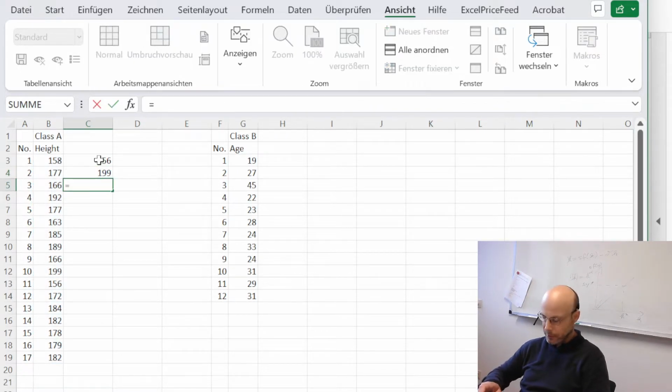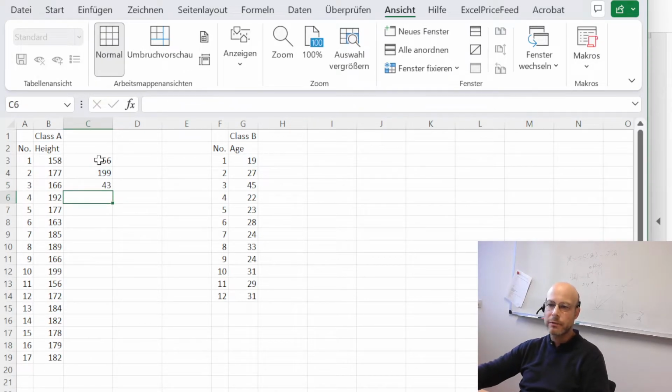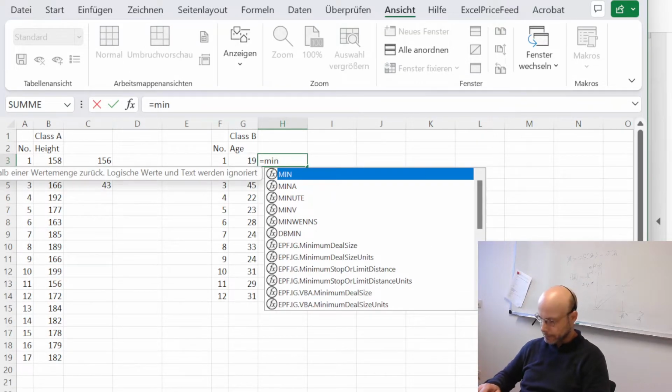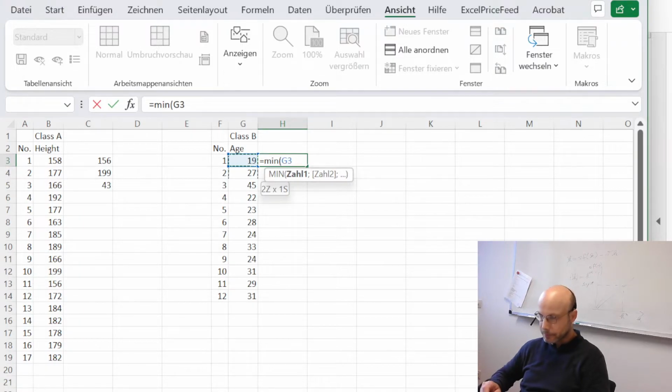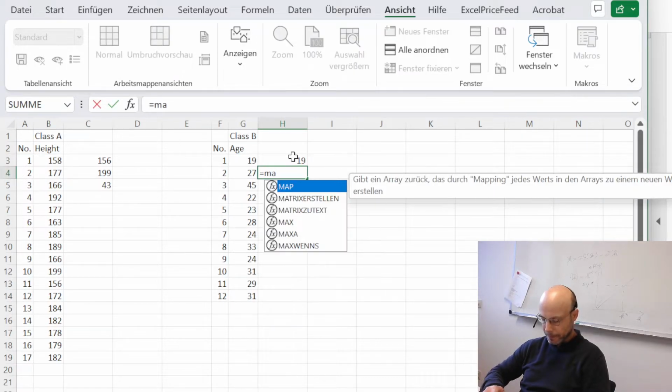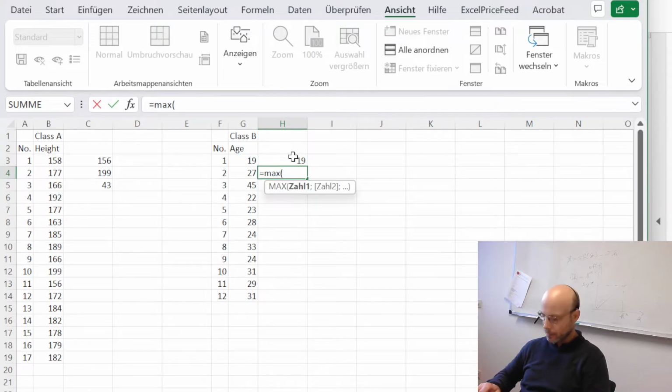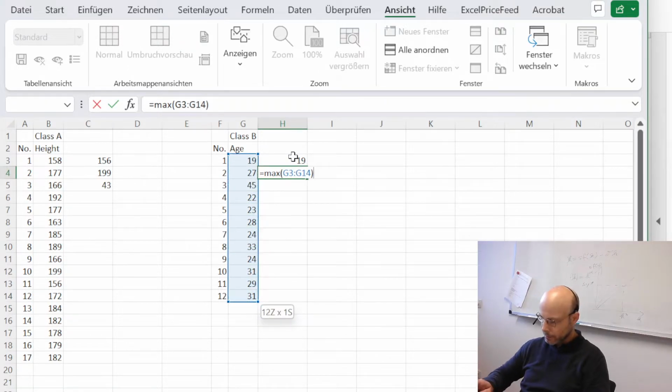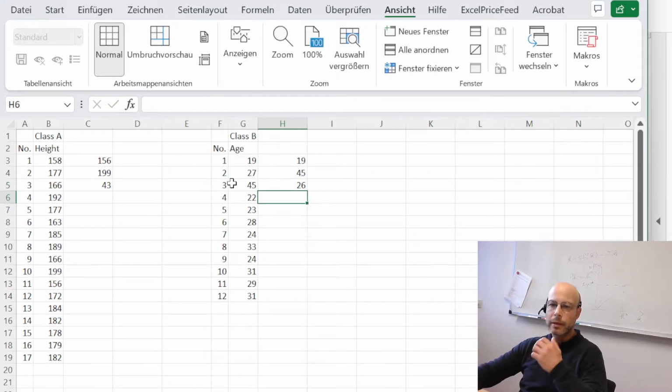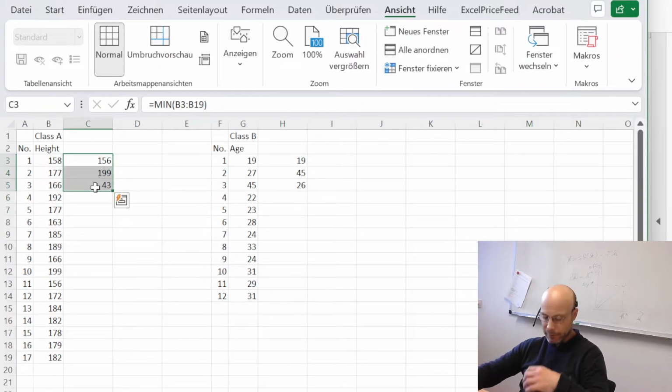And then of course we have this minus this one is 43 centimeters, and here we are doing the same, this one minus this one. So we have the range.